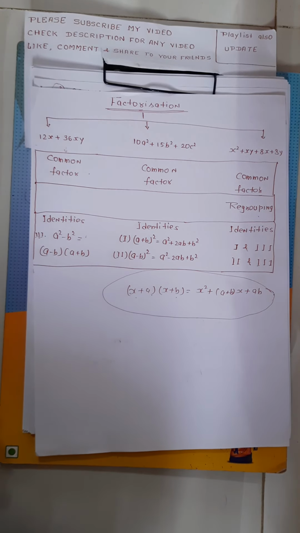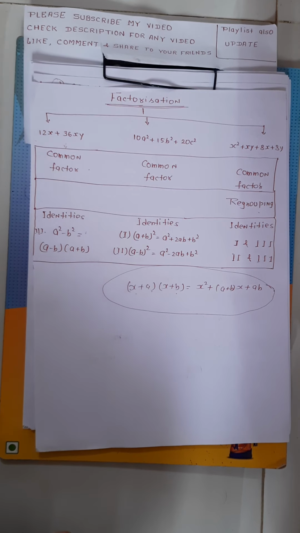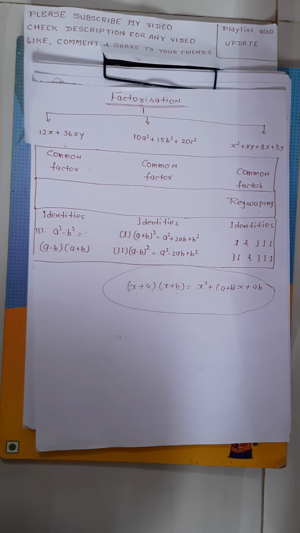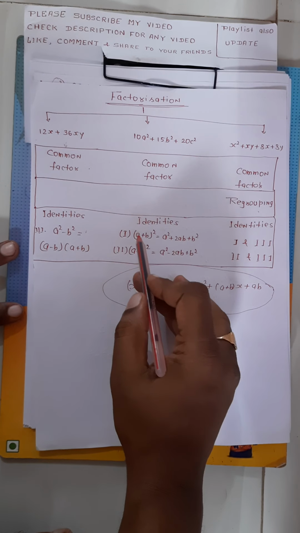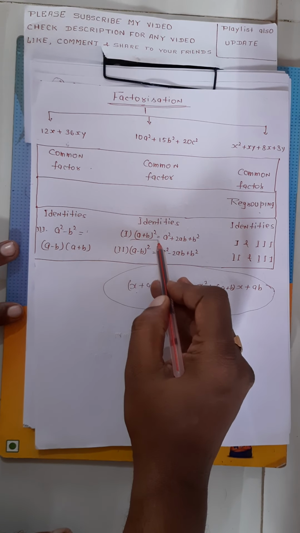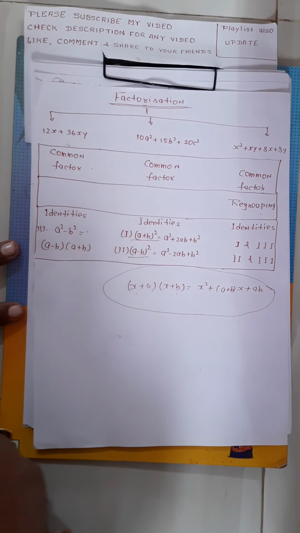We will use the identities that we learned in chapter 9. What were our identities? The first identity was the whole square of a plus b. The second, the whole square of a minus b.